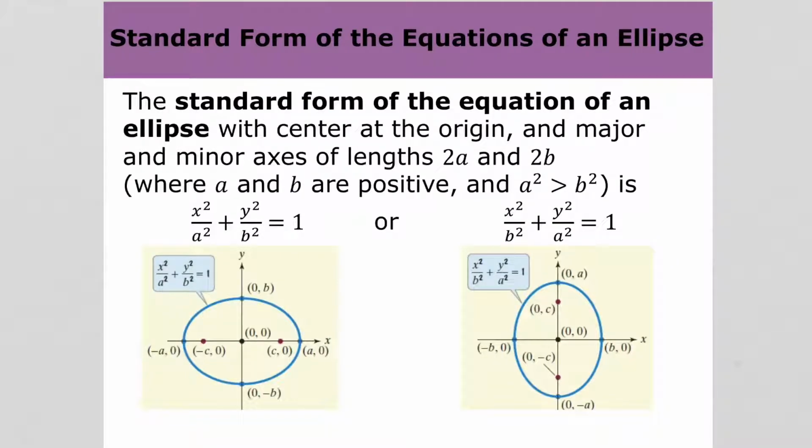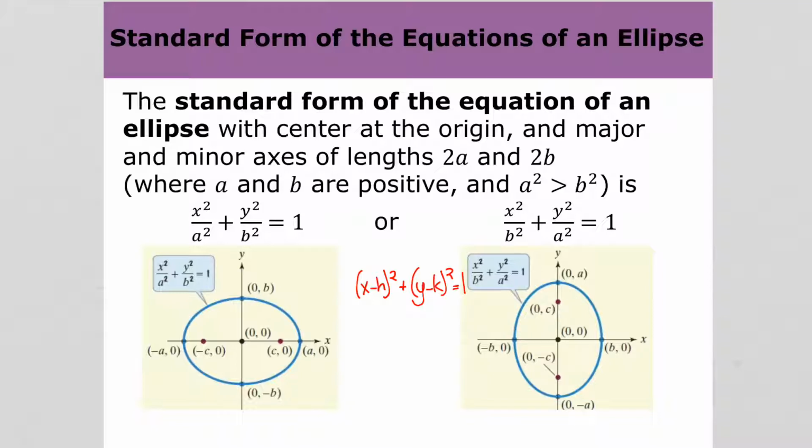So how do we write the equation of an ellipse? If you'll remember back, the equation of a circle was (x minus h) squared plus, don't write this down because this is a circle, (y minus k) squared equals 1.